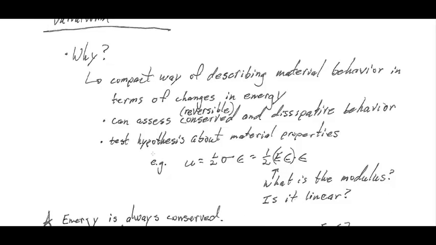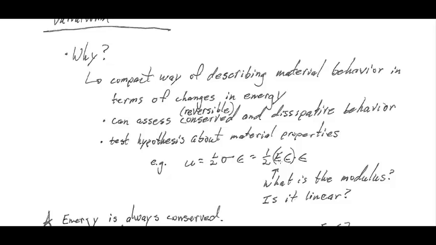So you can also test different kinds of hypotheses. Often we can't solve everything ab initio from quantum mechanics, so we have to make some approximations on material behavior, such as is it linear elastic behavior? So stress times strain gives me a measure of internal energy.